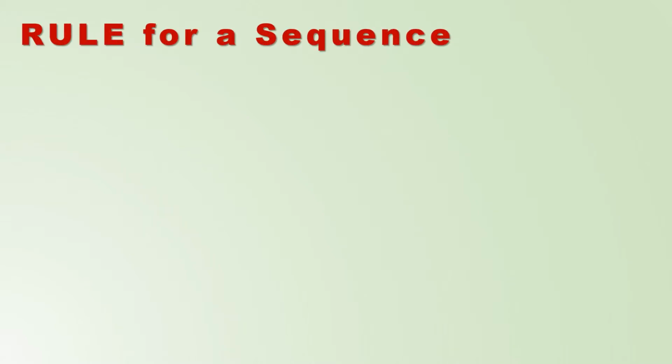As we have seen, a sequence follows a particular pattern. That means it has a specific rule. So what is a rule for a sequence? Let's take an example of a sequence 4, 7, 10, 13, 16. Now if we start from 4 and go to the next term, we can see that it is obtained by adding 3.